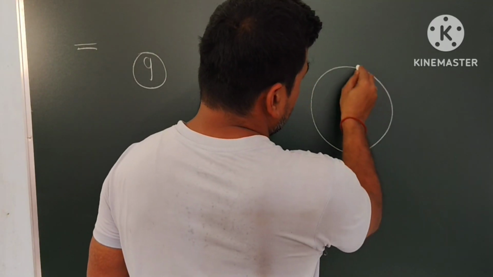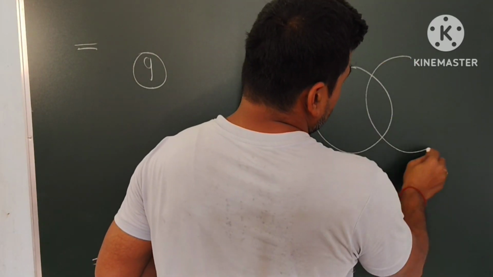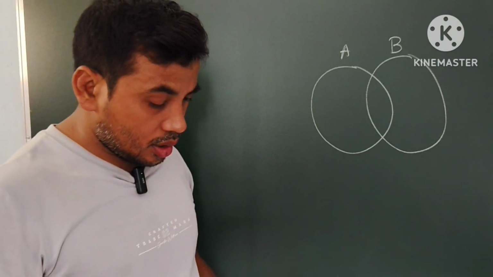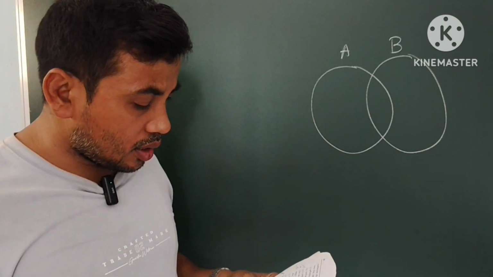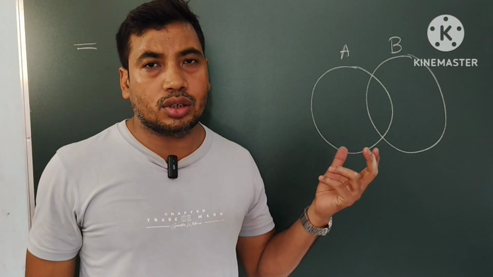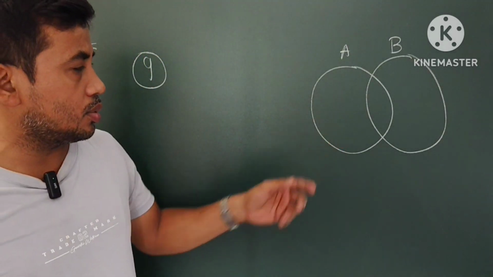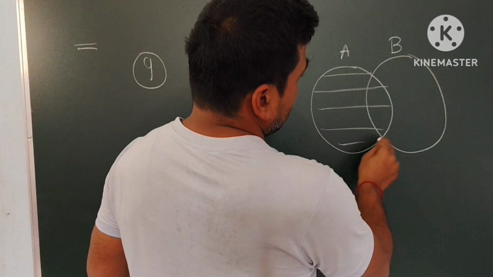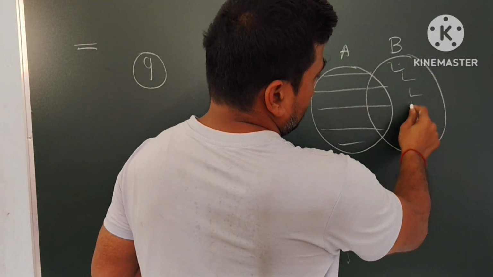Suppose this is A set and this is B set. We take A as the set of students who play volleyball, and this is the set who play badminton.